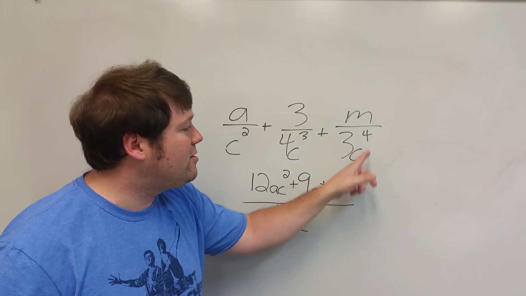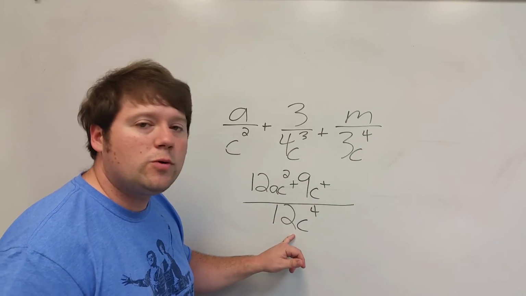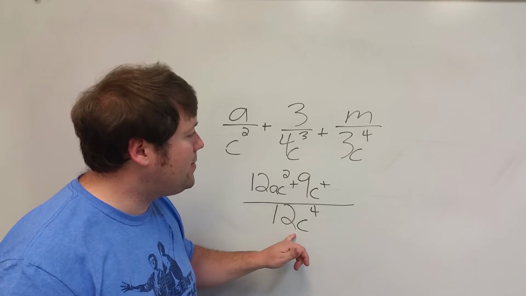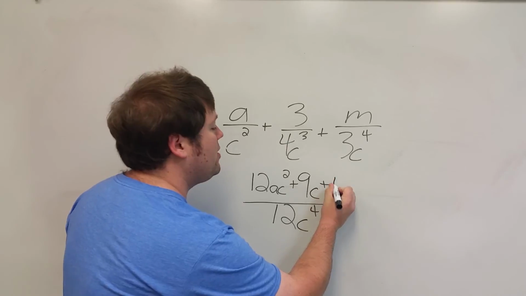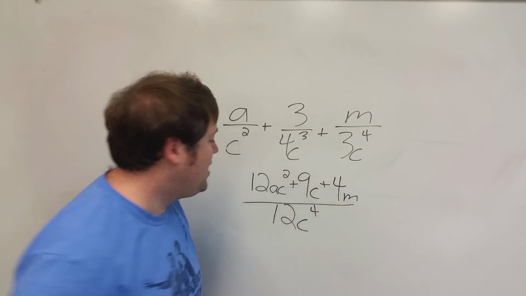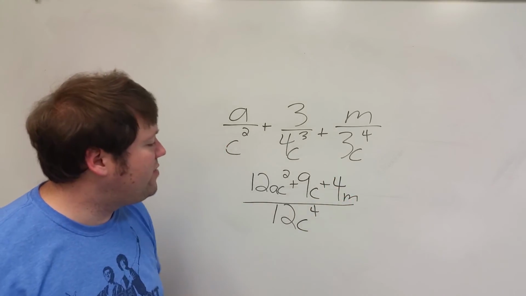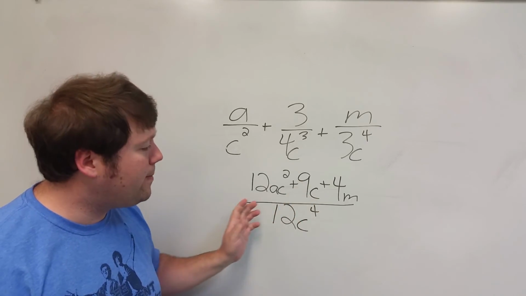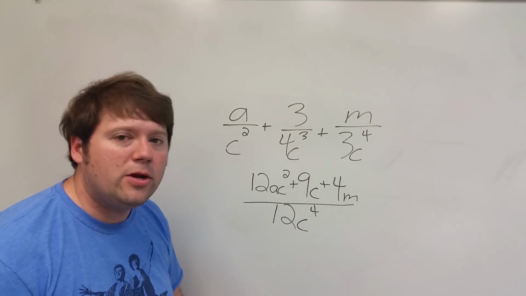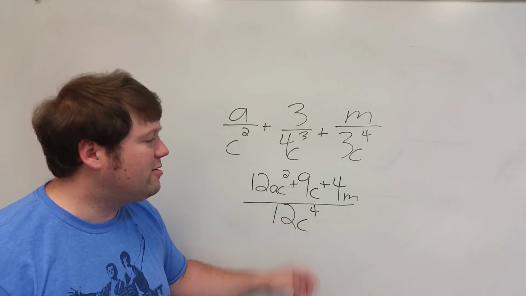We've got 3c to the 4th. What we need to do is multiply it by 4 to get our common denominator. And so I'll also multiply this by 4. That will give me 4m. And now I've got our answer: 12ac squared plus 9c plus 4m all over the common denominator of 12c to the 4th.